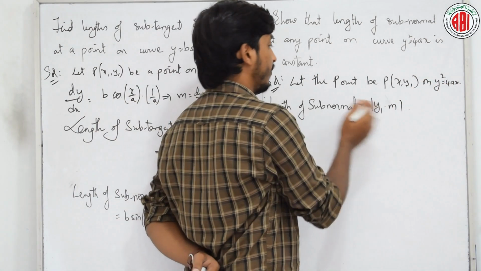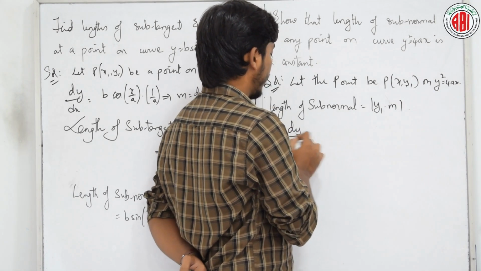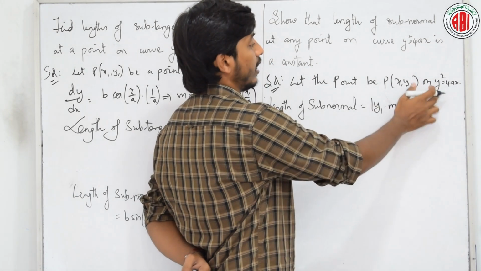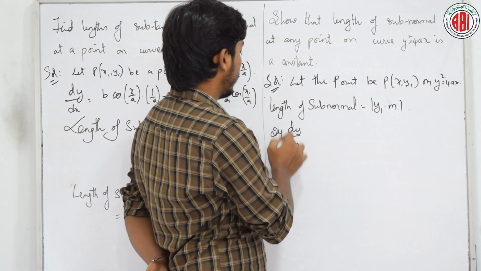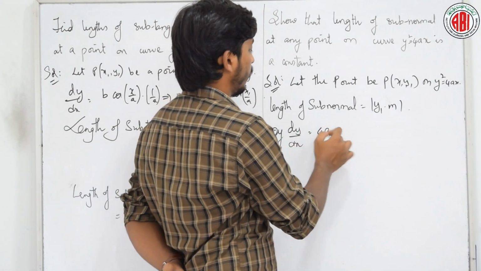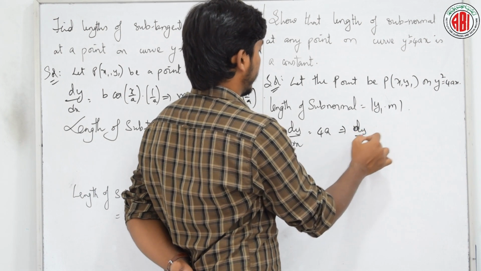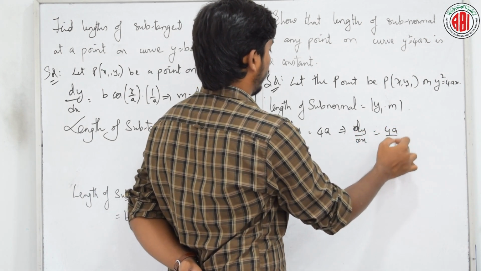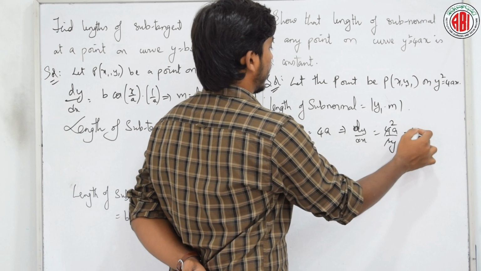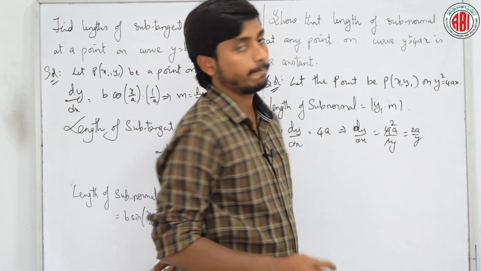In order to find m, we need to differentiate y square on both sides. The differentiation of y square is 2y into dy by dx, equals 4a. Therefore, let us write dy by dx first, that is 4a by 2y, which is 2a by y.